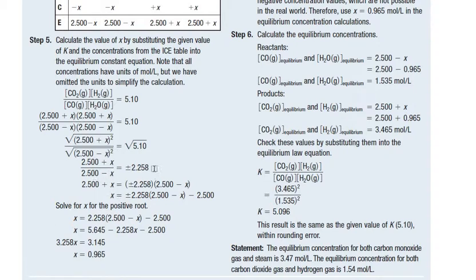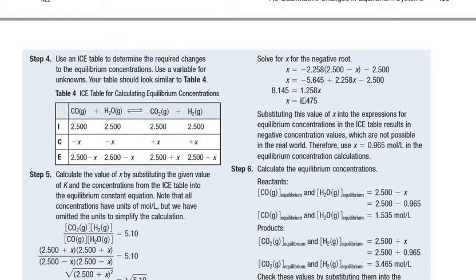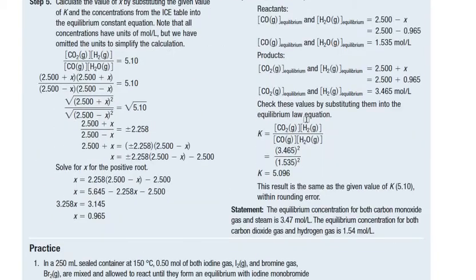What we need to do here is cross multiply, and the value for x is 0.965 for the positive one, and the other one is going to be 6.475 when we use the negative one.